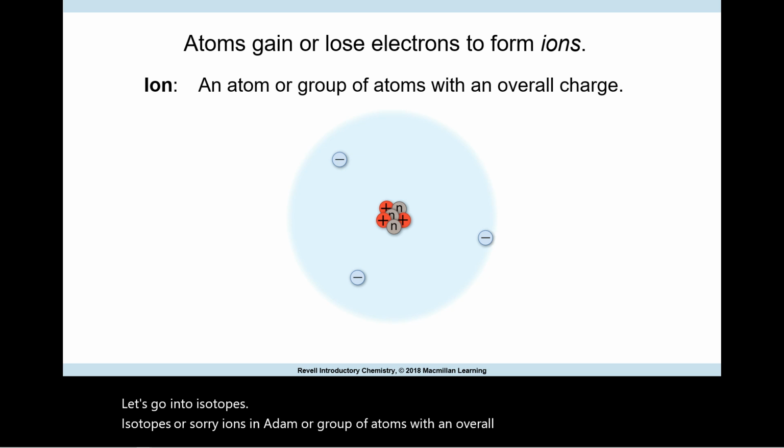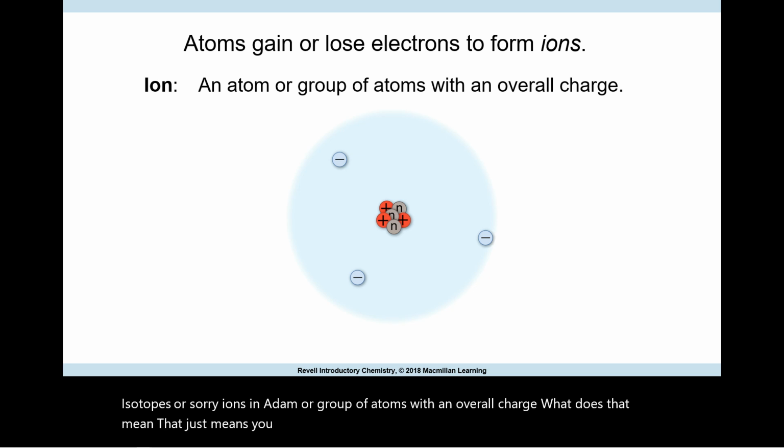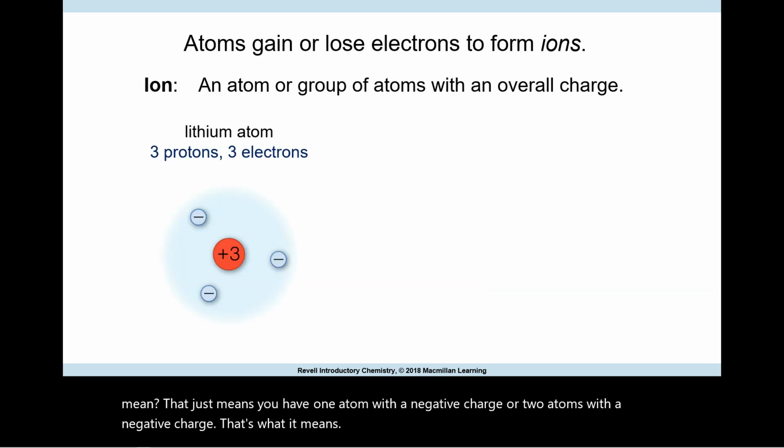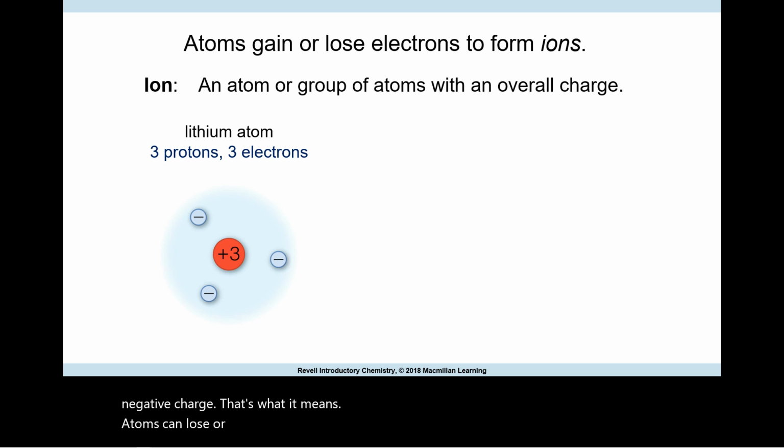What does that mean? That just means you have one atom with a negative charge or two atoms with a negative charge. Atoms can lose or gain electrons, and they pass those electrons to other atoms all the time.